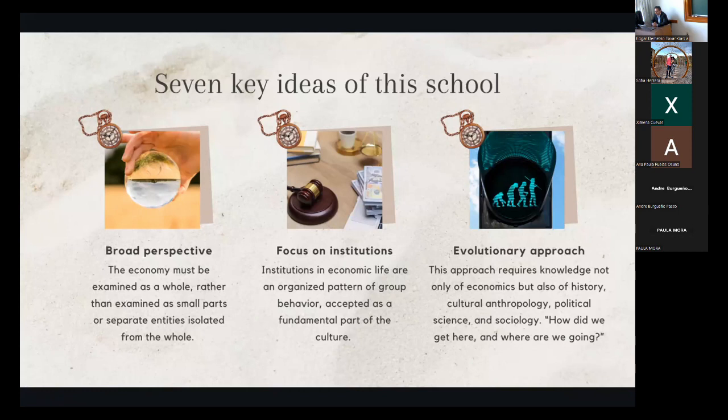This says that the economy must be examined as a whole, not in small parts. You should examine politics, sociology, law, custom, and they focus principally on social processes and relationships. Another one is focus on institutions. They didn't see institutions as just an organized thing.